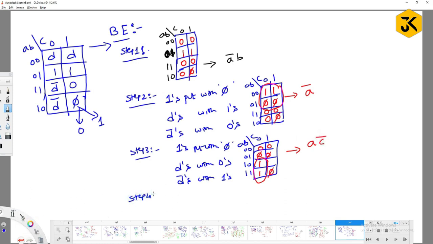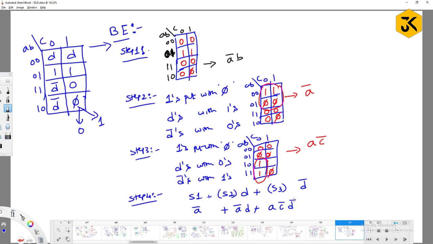In step 4, you write step 1 as it is, step 2 should be multiplied with the normal variable, and step 3 should be multiplied with the complement variable. So your result will be A bar B, A bar D, and A C bar D bar.